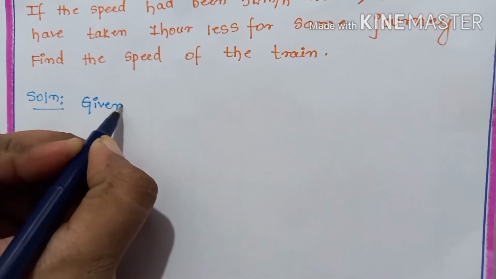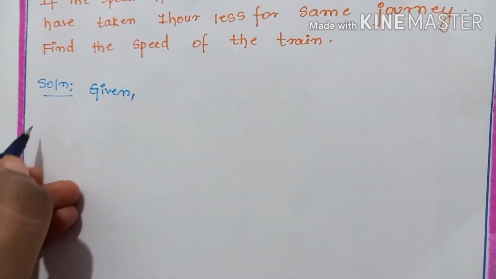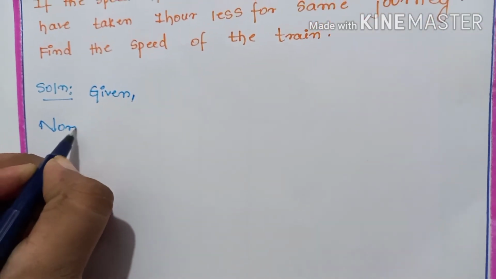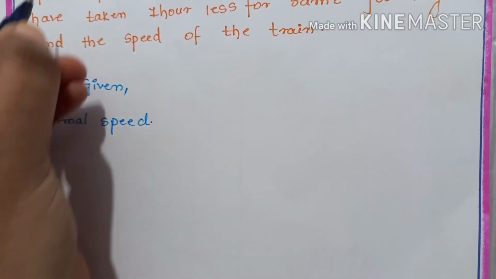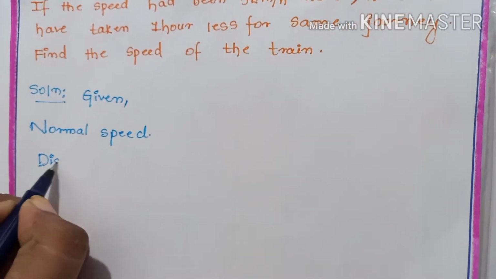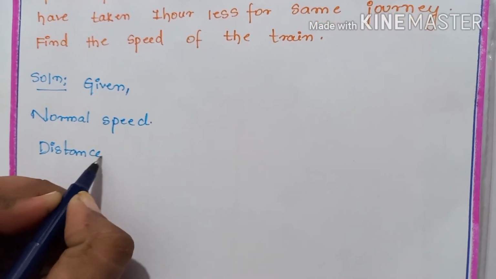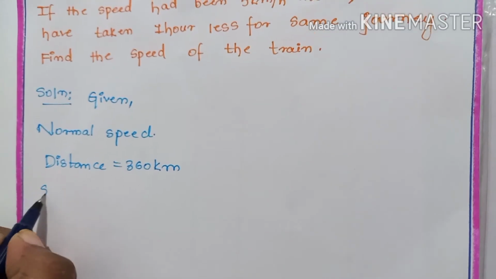Given, first we need to compare the normal speed and the speed with 5 kilometers more. The normal speed: from the question, a train travels 360 kilometers. That is, distance is equal to 360 kilometers, and speed we need to find.